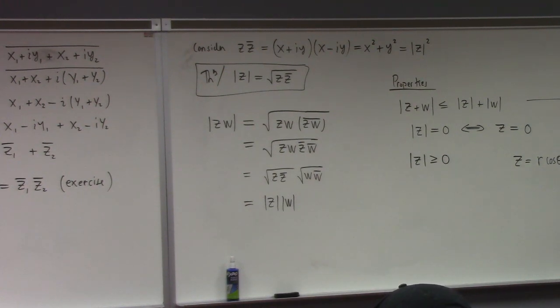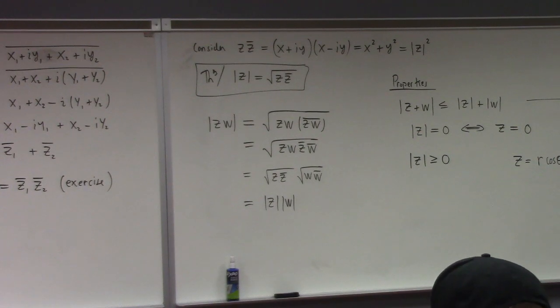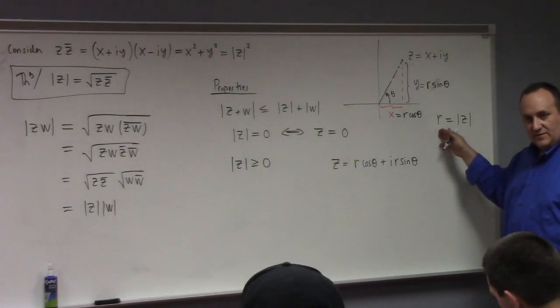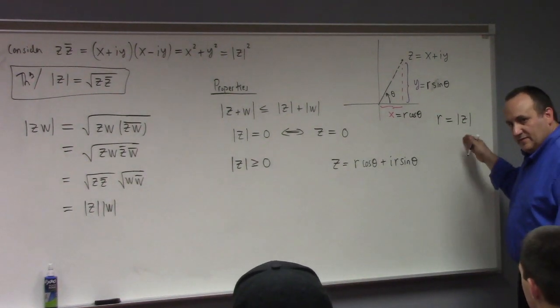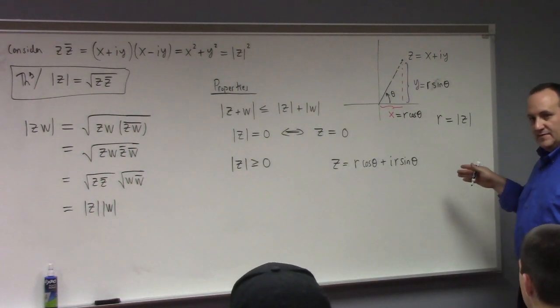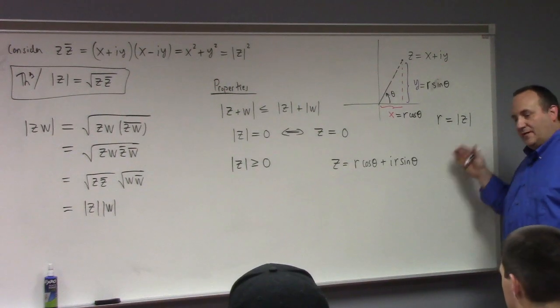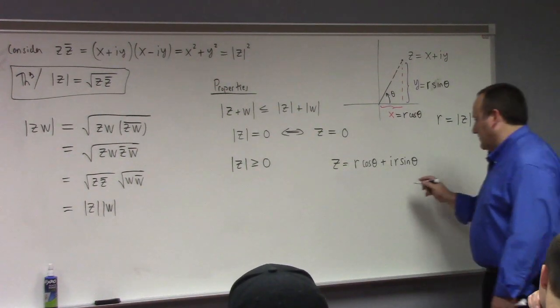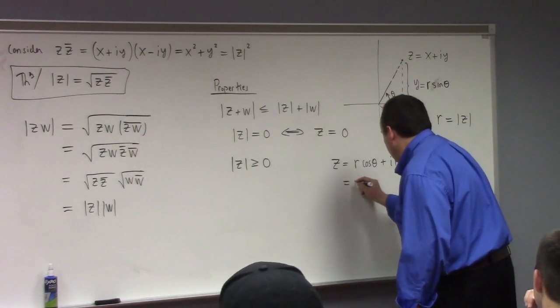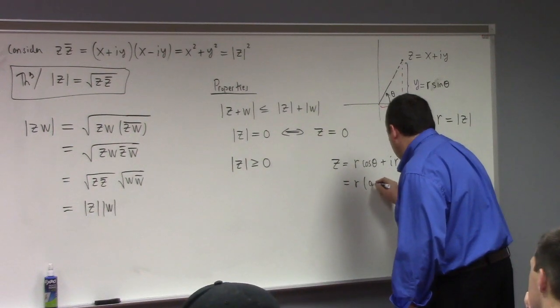But for a specific application, we can give it another name, like r for a calculation, which is sometimes useful because writing r 10 times is much easier than writing the modulus of z 10 times. Make the notation work for you, don't work for the notation.